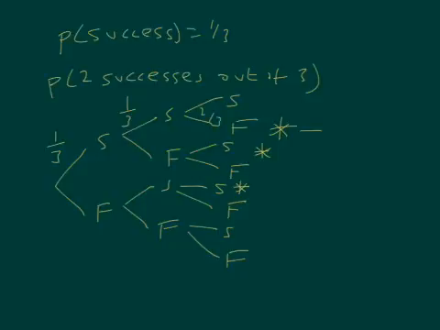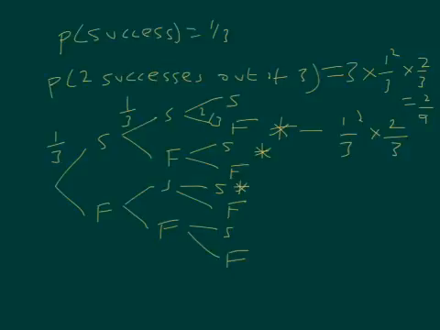So the probability of getting to this point is 1/3 squared times 2/3. And it's the same here: 1/3, 2/3 here, 1/3 there. And the same here: 2/3, 1/3, 1/3. So the answer to the question is 3 lots of 1/3 squared times 2/3. That works out to be 2/9.